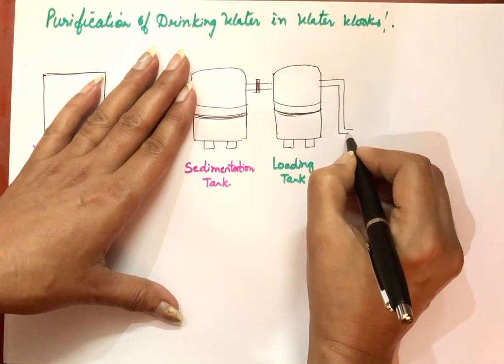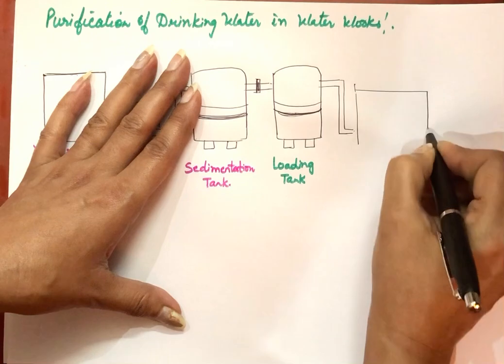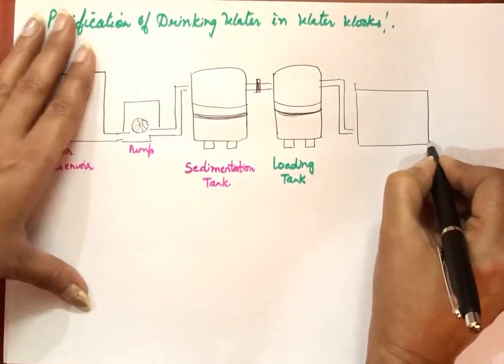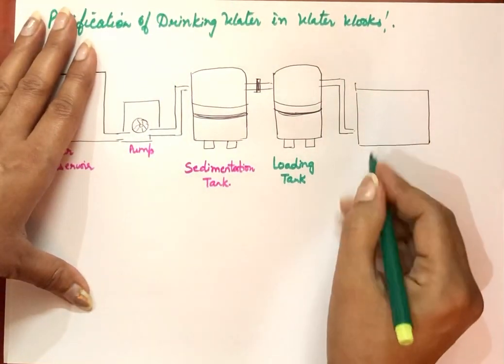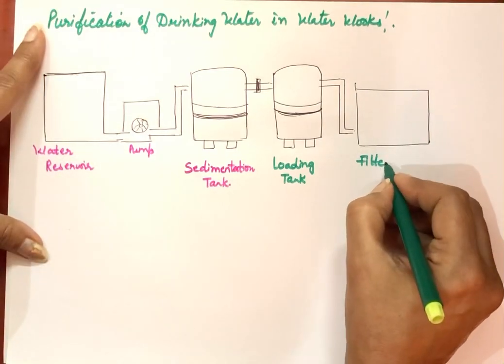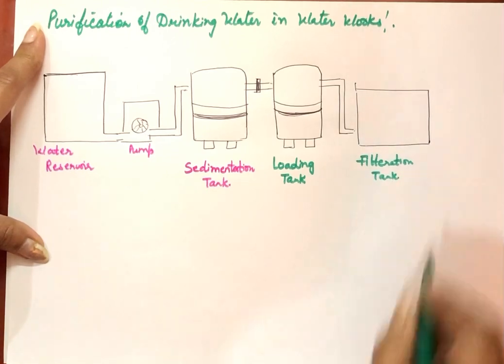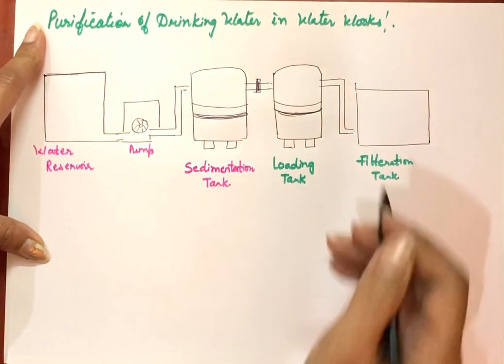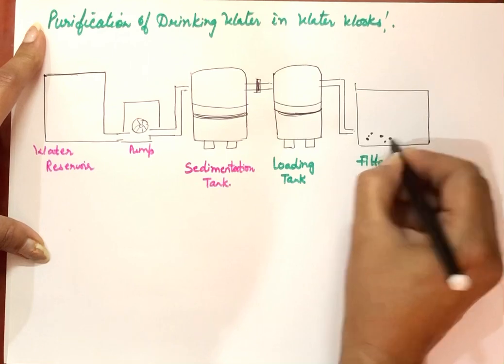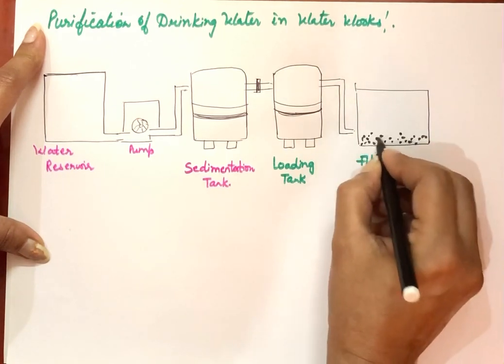This is the main part here for the purification of drinking water. Filtration tank. This has 3 layers in it. At the bottom part, in the filtration tank, there's a coarse gravel packed here.